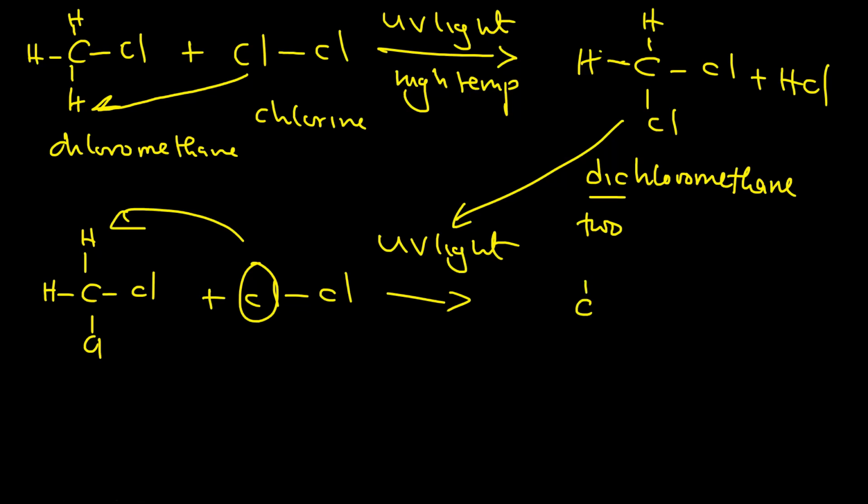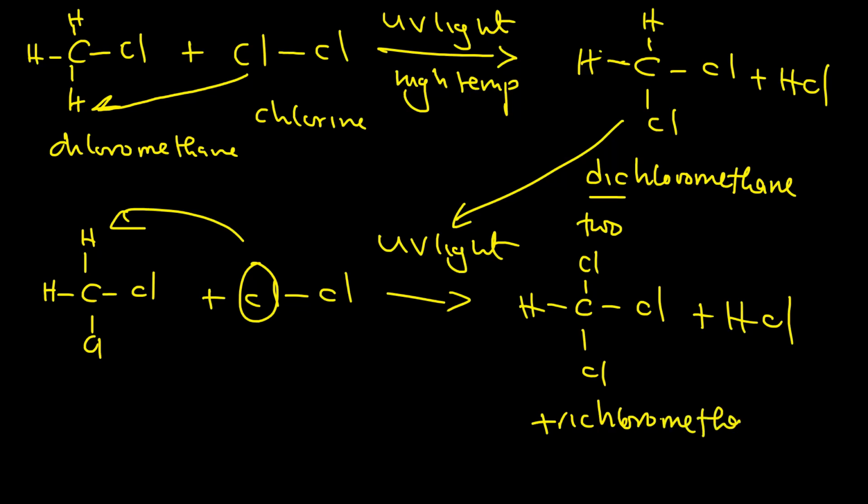This time around we are going to have 3 chlorines and 1 hydrogen chloride. So this one is dichloromethane, plus chlorine, and it now becomes trichloro, which means 3, trichloromethane.